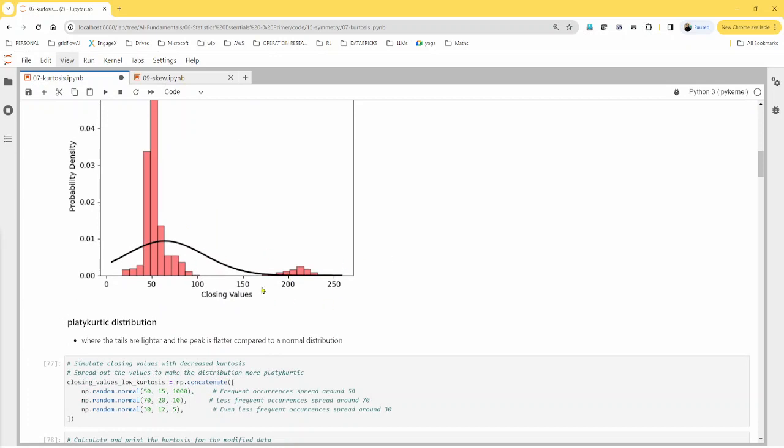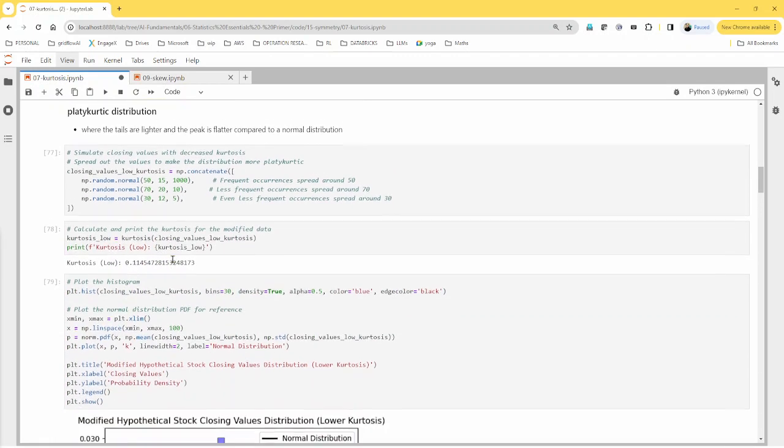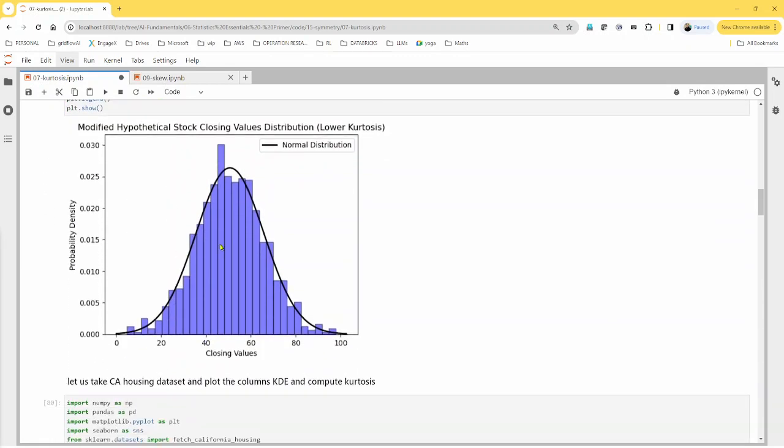That means there are some extreme values in the data series. Similarly, we can also simulate a data series in such a way that it returns negative skew. For example, in this particular case, there are some lower values on the left hand side, but not too many.